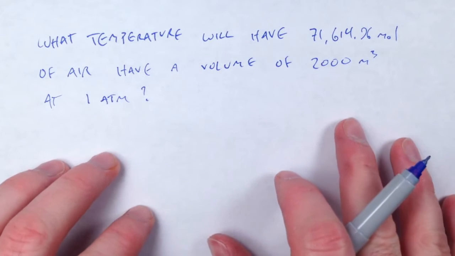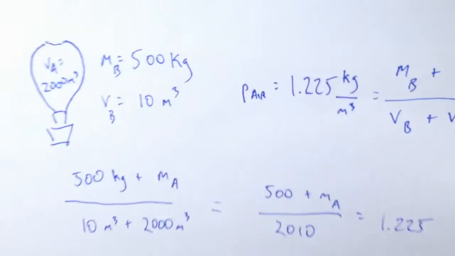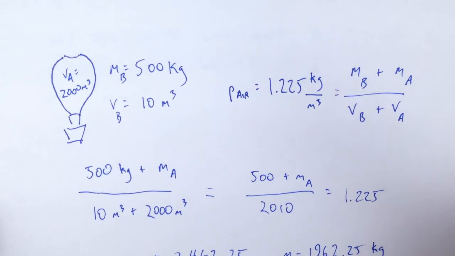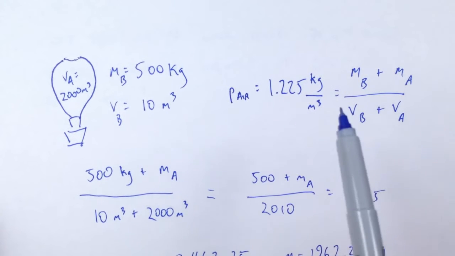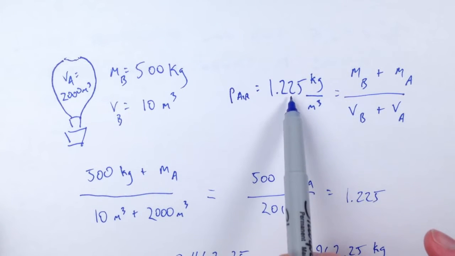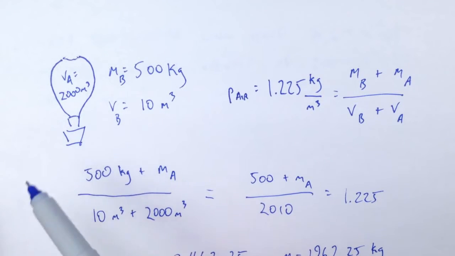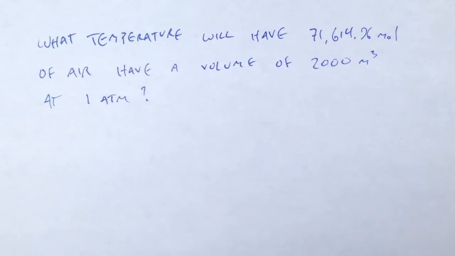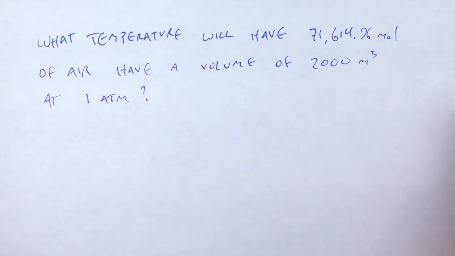This is the situation that is described by our problem. Remember, I've got a balloon with a volume of air of 2,000 cubic meters. When the balloon has the same density as the air, that means that there's 1,962.25 kilograms of air in there, which turns out to be only 71,614.96 moles. So I've just got to set up the ideal gas law for these values and solve it.